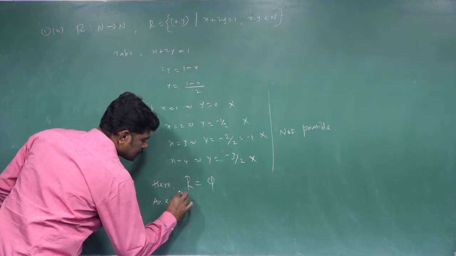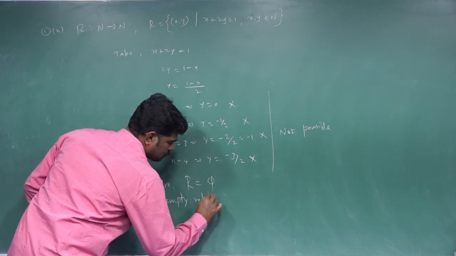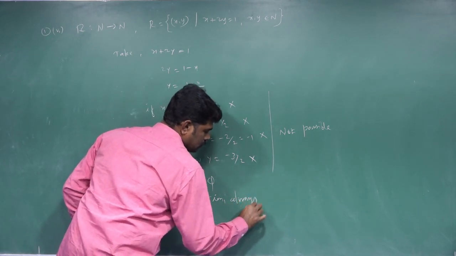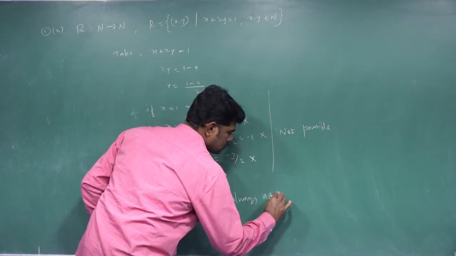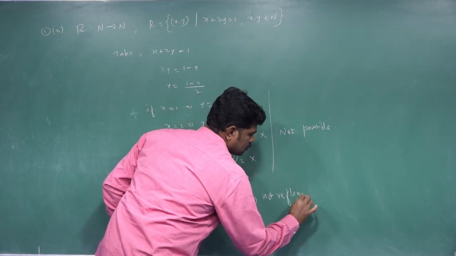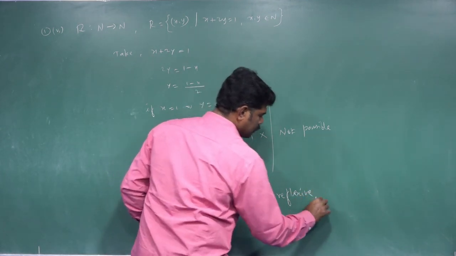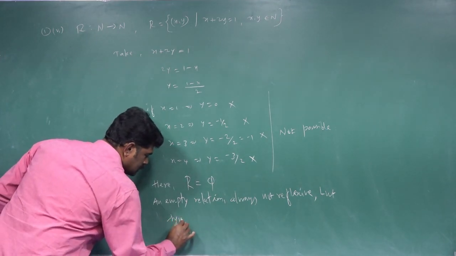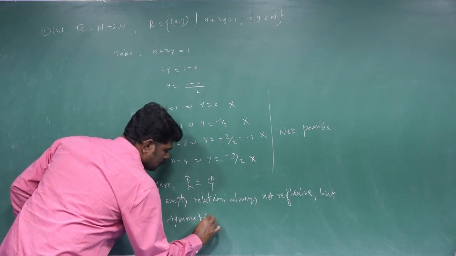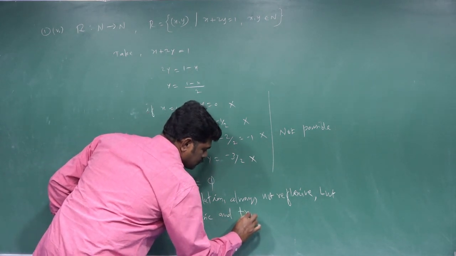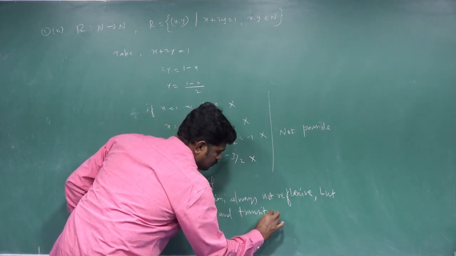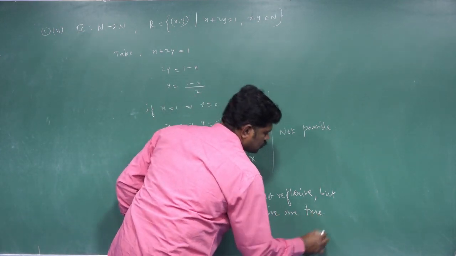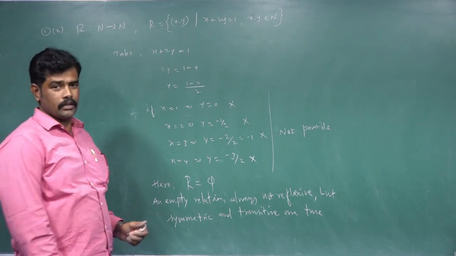An empty relation is always not reflexive, but symmetric and transitive. Symmetric and transitive are true. Reflexive only fails.